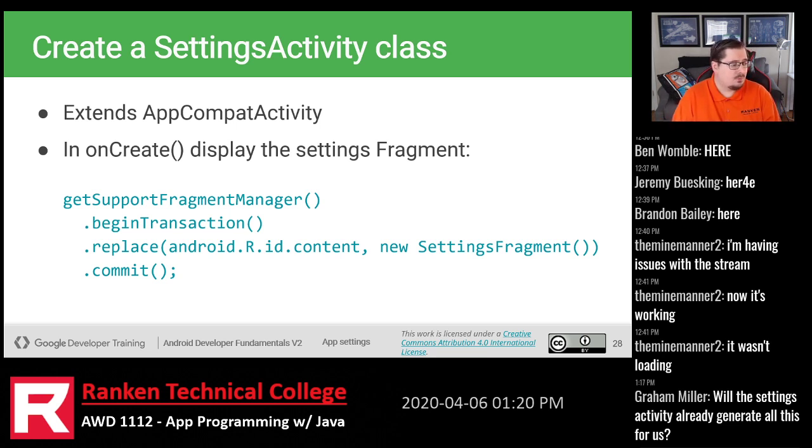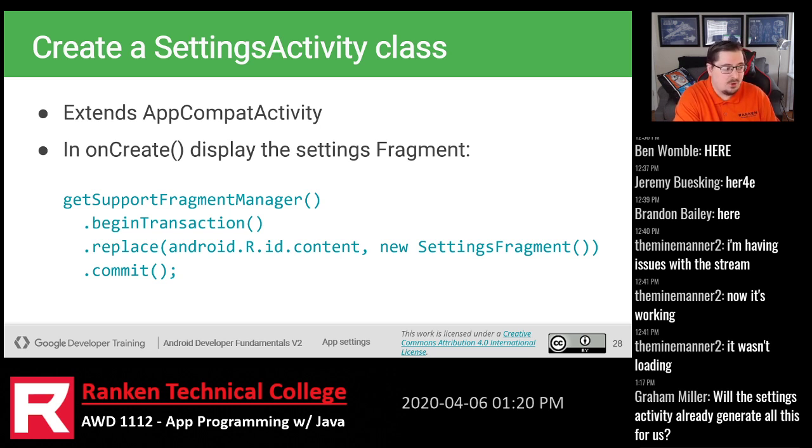Now, you'll remember that when we're working with layouts and with our different views, we have to assign them an ID. We have to assign every view on our screen an ID. So typically that would be like R.id.myThing, right? If you see android.R at the beginning, that means that it's an ID or a resource that's built into the core Android framework.